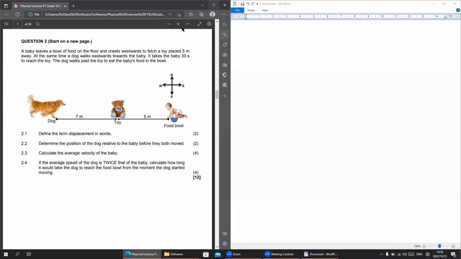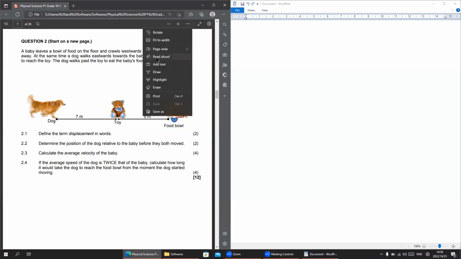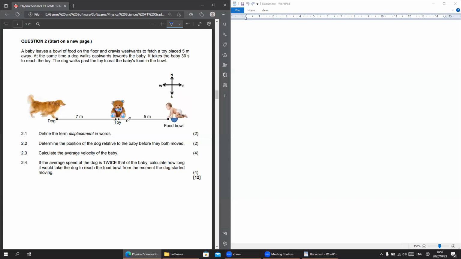So just from this, you should be able to know that the baby is gonna travel this 5 meters in 30 seconds, just from the information that you've been given above. So you have the time and you have the displacement.